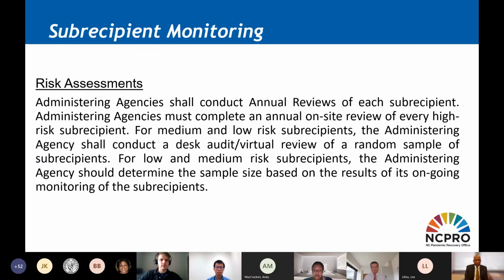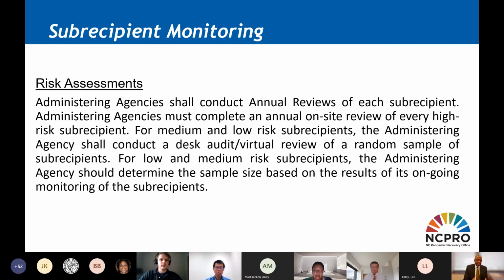Now, that annual review will differ depending on the type of assessment or the type of rating that a subrecipient receives. If it's a high risk subrecipient, that annual review is going to be, well, and as I say, these annual reviews are in addition to your ongoing monitoring.